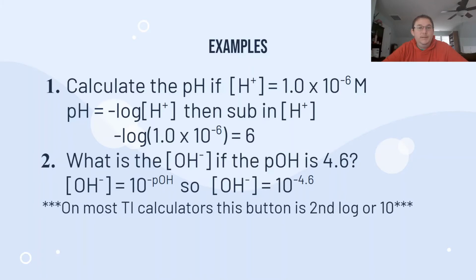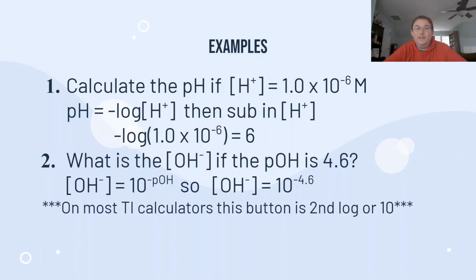There's a few ways to look at this. If the hydrogen ion concentration is 1 times 10 to the negative 6, then this solution is definitely going to be an acid.